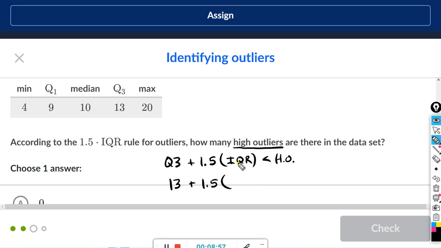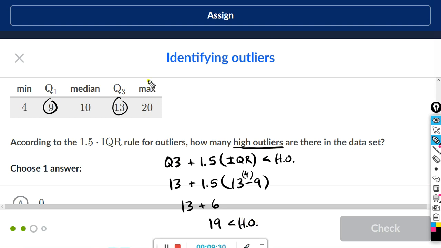IQR is Q3 minus Q1, that's 13 minus 9, which is 4. 1.5 times 4 is 6, and 13 plus 6 is 19. So the high outliers have to be greater than 19.